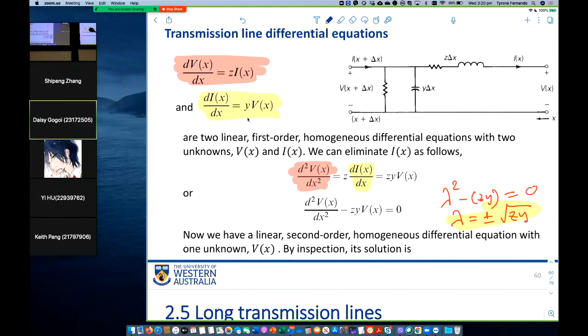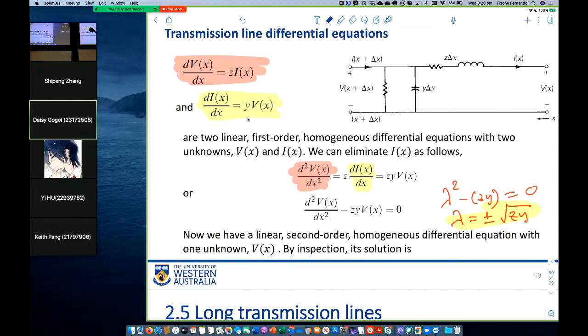There is no first derivative here. And if you're not differentiating the variable, then it's lambda raised to the power 0, which is 1. So the characteristic equation for this differential equation turns out to be lambda squared minus zy equal to 0. So the values of lambda are then plus or minus square root zy.